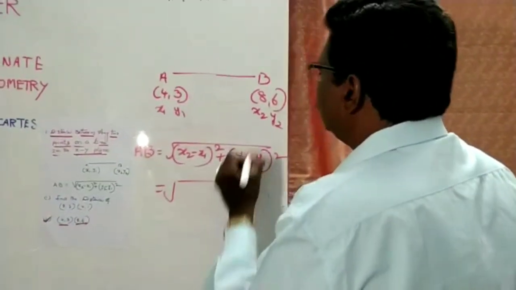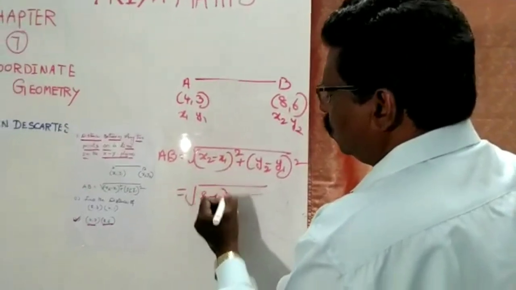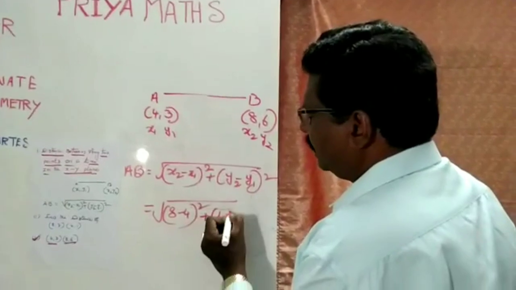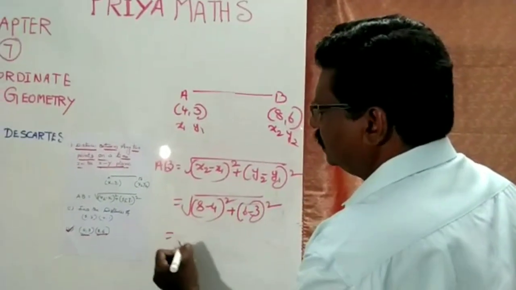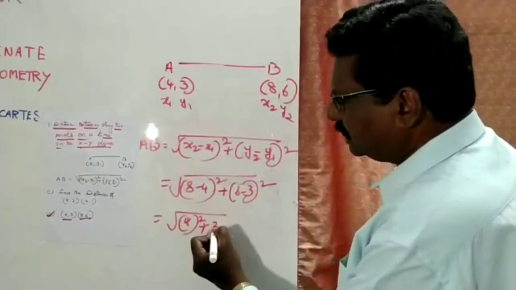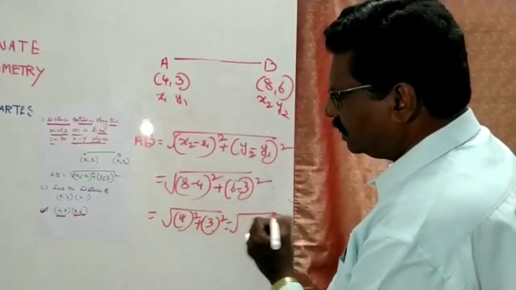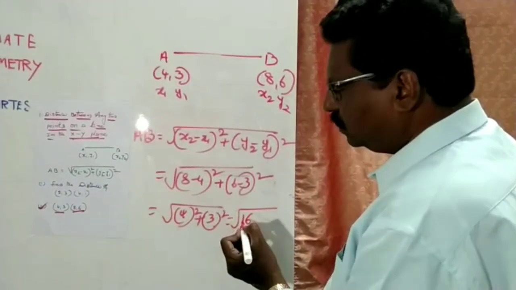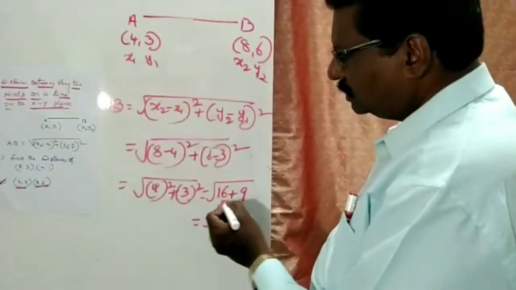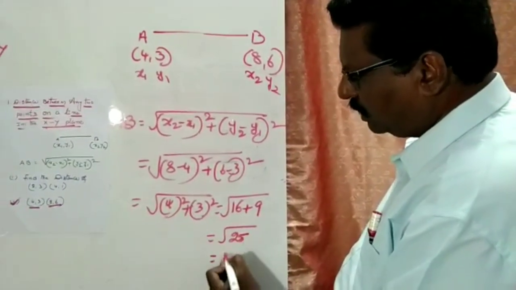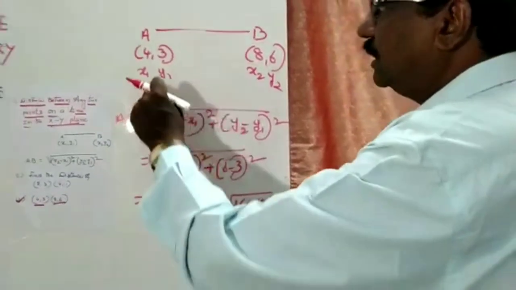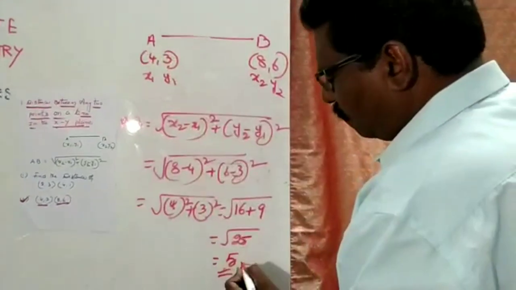Then substitute the values. x2 means 8 minus 4 whole square plus 6 minus 3 whole square, that is equal to 4 whole square plus 3 whole square, that is 4 into 4, 16, plus 3 square means 9. 16 plus 9 is 25. Root 25 means how much? 5. So this is the distance between A and B, 5.